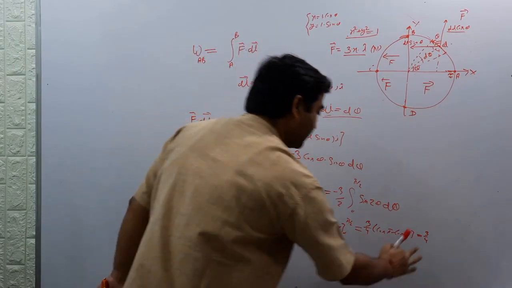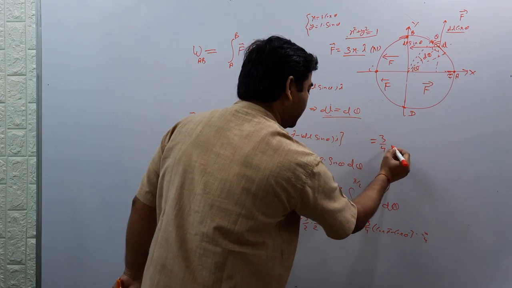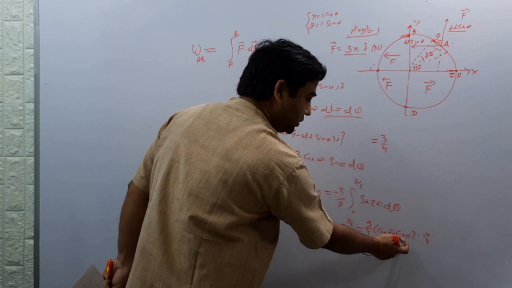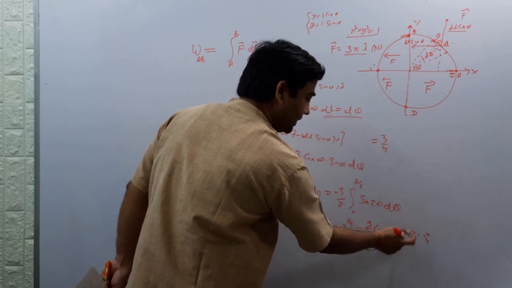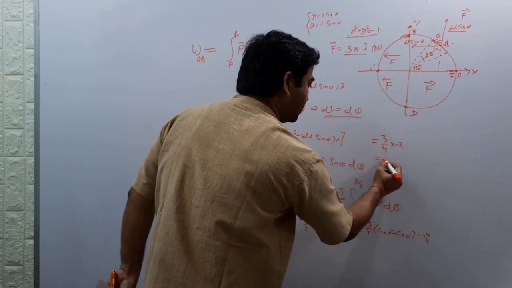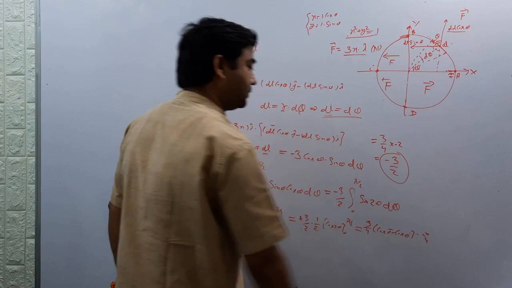This we can write as 3 by 4, cos pi is minus 1 and cos 0 is 1, so minus 1 minus 1 is minus 2, into 3 by 4 is equal to minus 3 by 2.